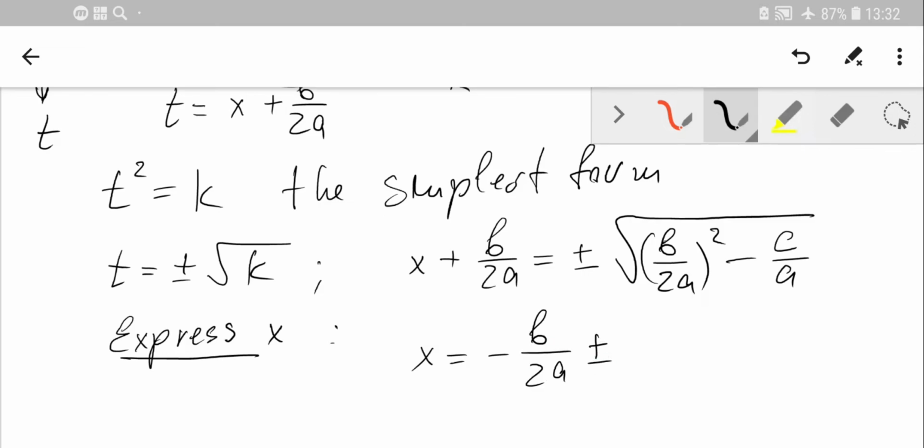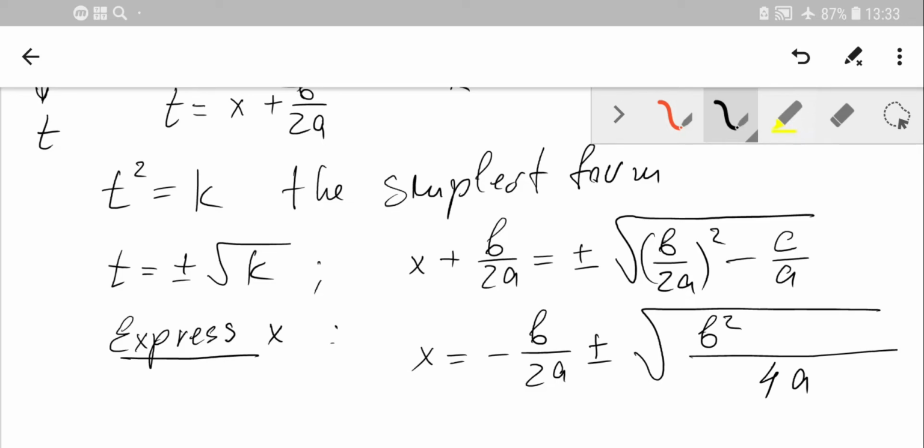And here what I'm going to do, I'm going to square up and come to the common denominator. So if I square up, I'll get 4a in the bottom part. Okay, so here I'll get b squared, and because we have a but not 4, so what we can do, 4a squared, and we have only a, right?